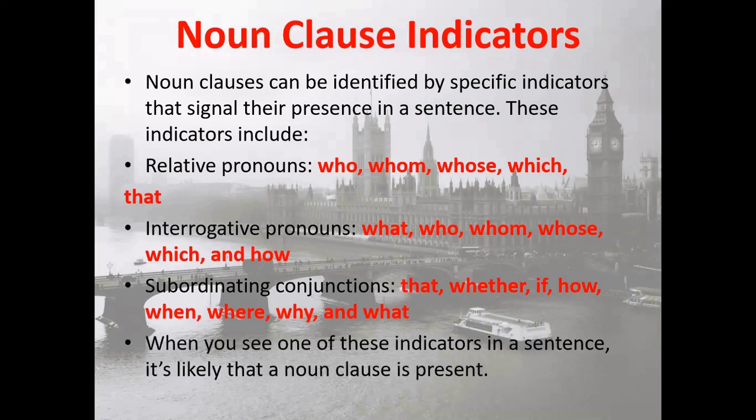Whenever these are visible, it means that is the indicator that a noun clause is there. But please remember, you need to focus on its functions. If functions are in mind, you can easily observe.